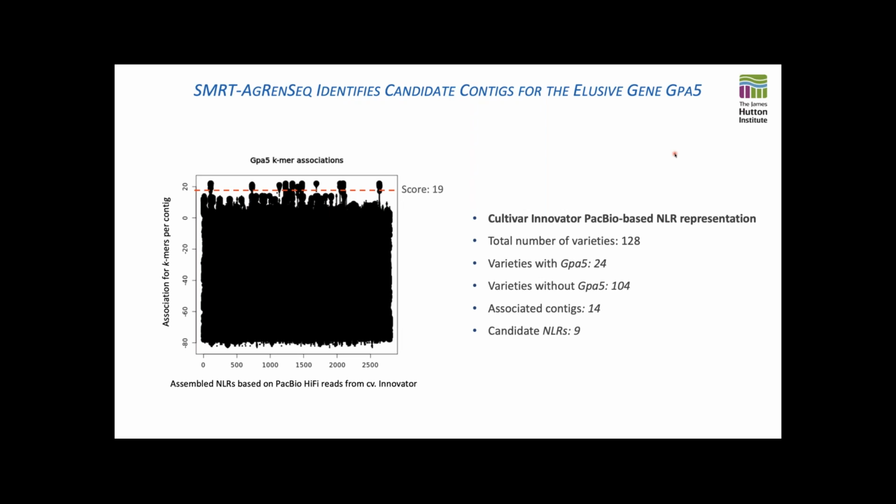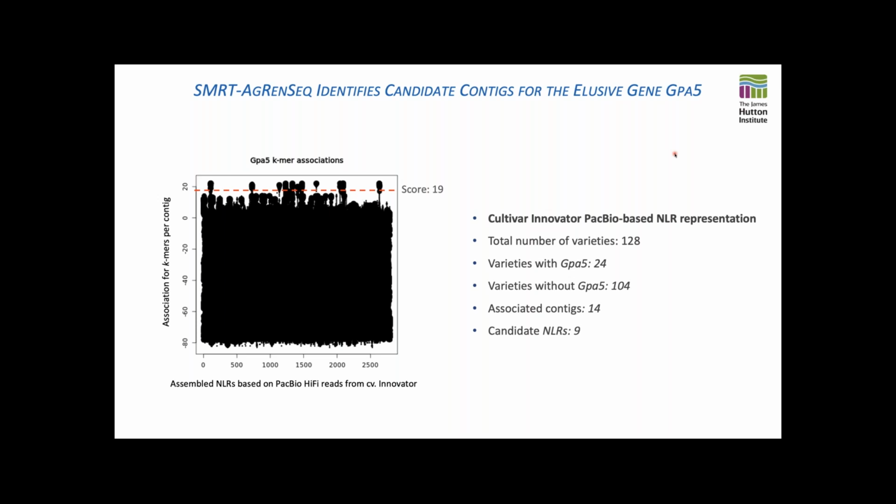So again, we used our PacBio-derived representation of the resistance genes from Innovator. We had 128 potato cultivars with contrasting phenotypes, 24 that had the GPA5 gene, or at least the resistance phenotype. Some of them are actually breeding clones, not varieties. And then we had 104 varieties that are susceptible to Globodera pallida.